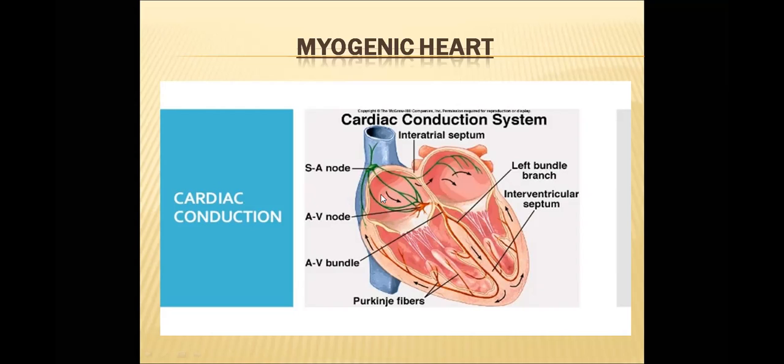So in this way, muscular contraction of the heart walls is first initiated by the SA node. This is called a myogenic heart. Why? Because the heartbeat is initiated by the SA node only. That's why the SA node is called the pacemaker. This is the first pacemaker, and the second pacemaker is the AV node.